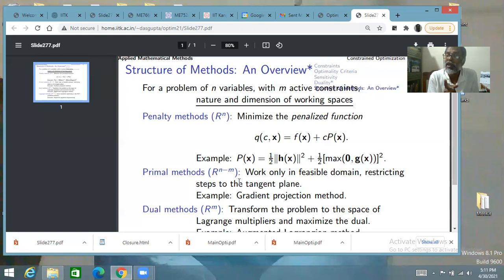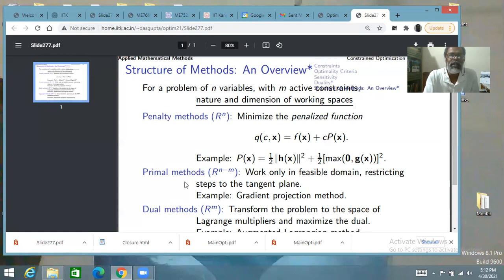Whatever solution you have in hand is at least feasible, and certainly not a very bad solution because it has come after so many iterations. So a premature solution is also a usable solution, if not optimal. You can get suboptimal but feasible solutions from here. Other methods do not guarantee you that.